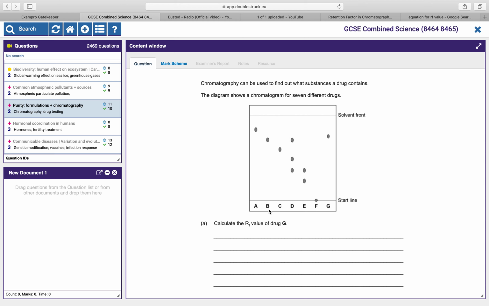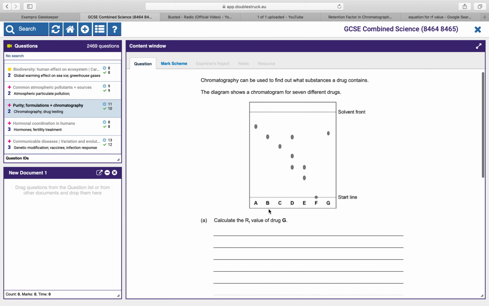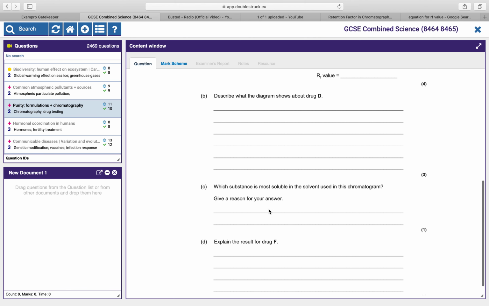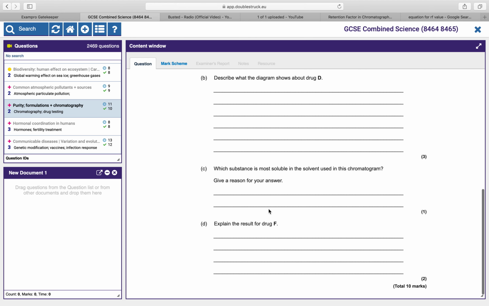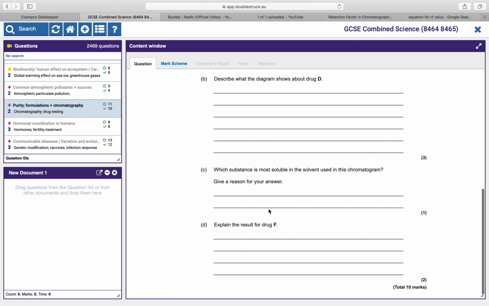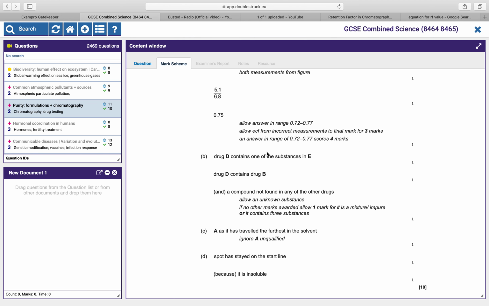However, the ink would be soluble in alcohol, and for that reason it comes off. Okay, let's see what that question says. The spot has stayed on the start line, on the baseline, because it's insoluble.